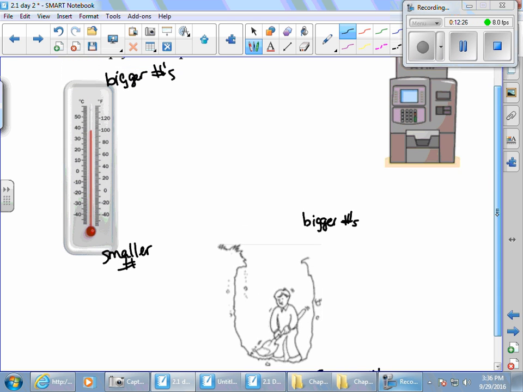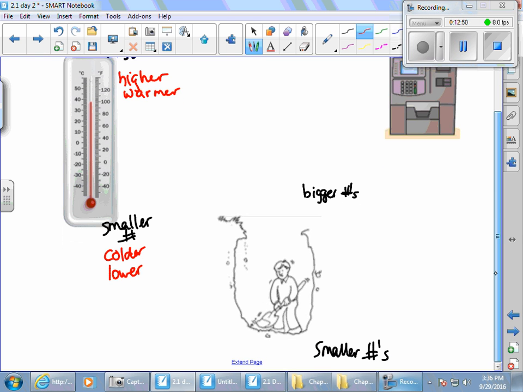Okay? And then we're going to talk about some other words that we could use. If it's up here, we could use higher. We might see warmer. If it's a smaller number, we are going to see maybe colder, lower.